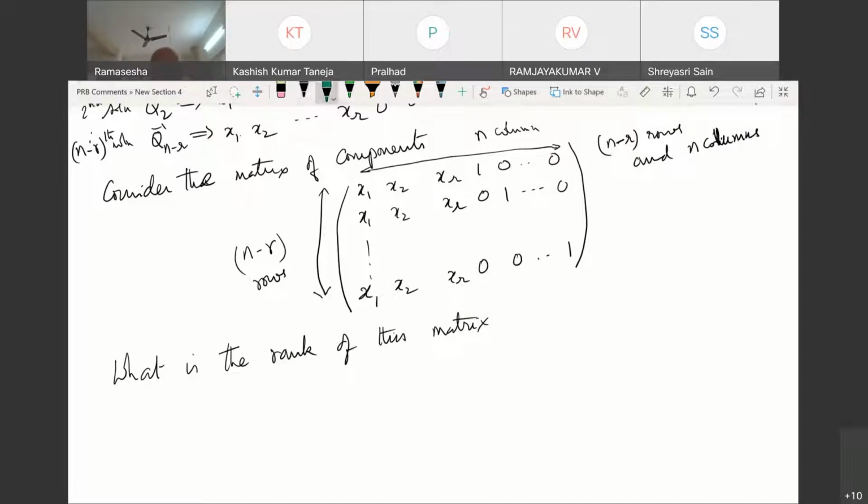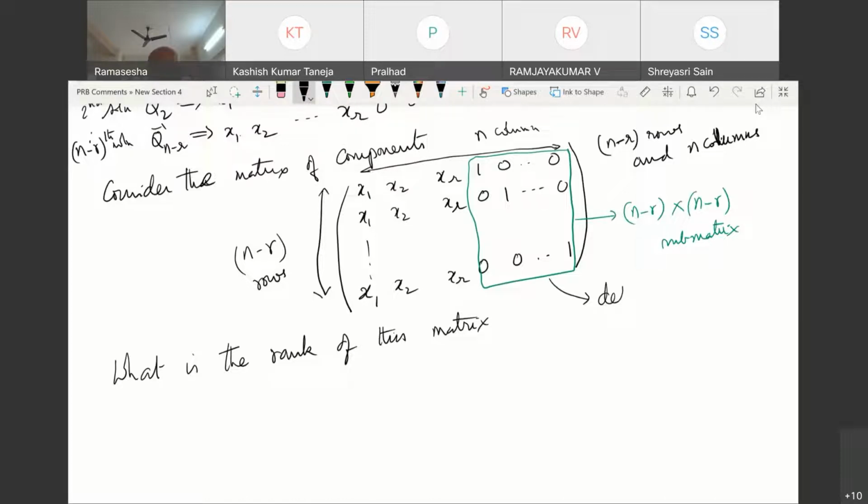So what we have is, because I can take this n minus r by n minus r matrix, what is the determinant of this submatrix?